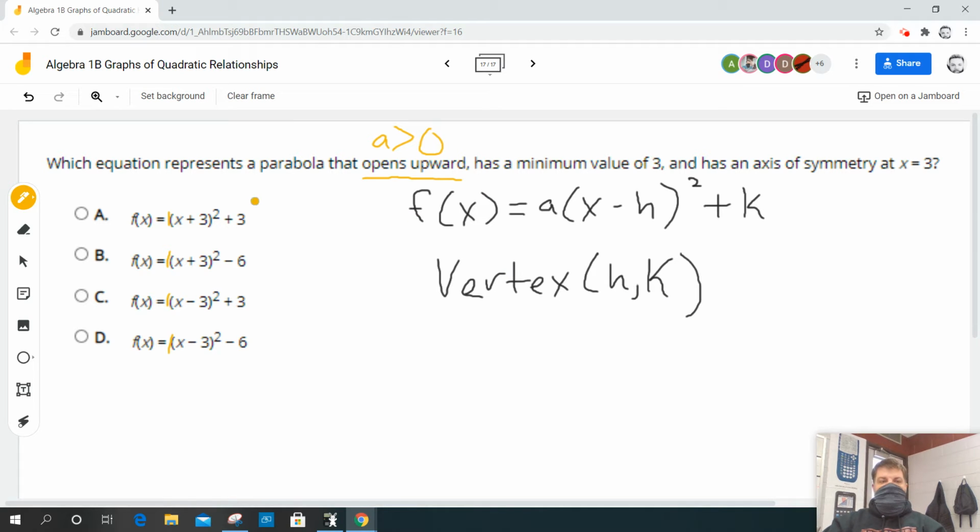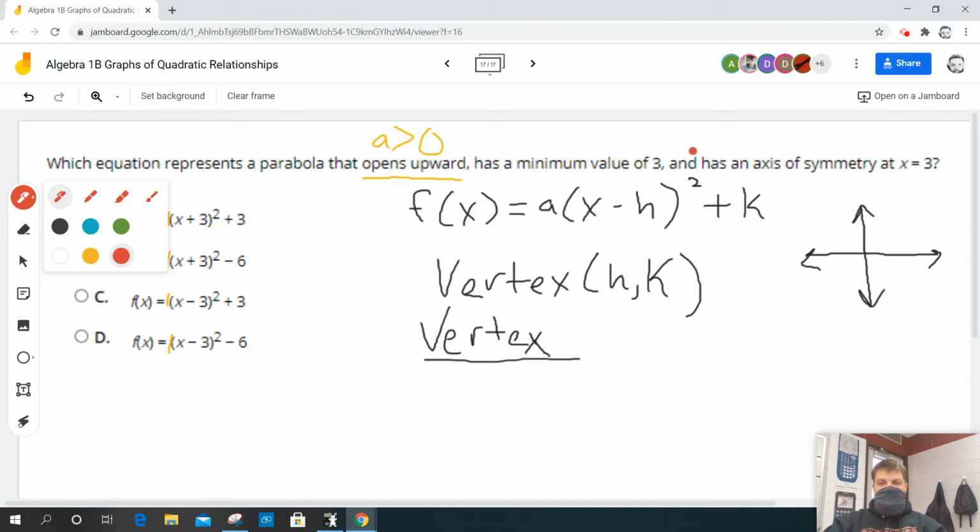But wouldn't it be great if I knew what the vertex was? Well, the vertex, if you think about this, we're told that the line of symmetry is at x equals 3. So if I go over 1, 2, 3, there is a line of symmetry at x equals 3.